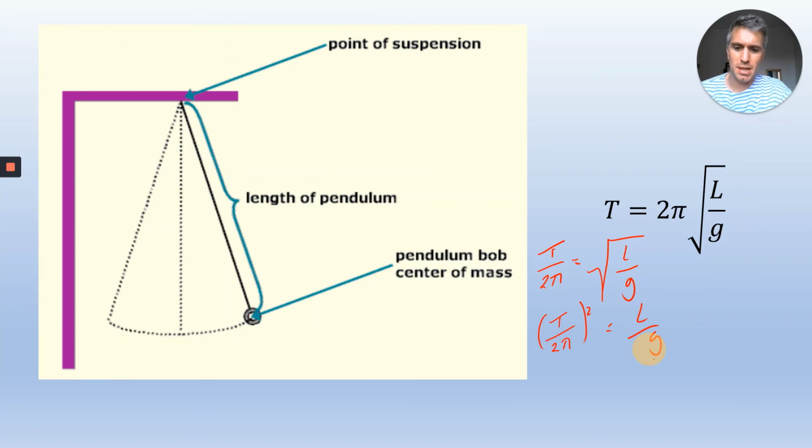We can swap the position of this G and this T over 2 pi all squared, to give us the equation we want, which is L over (T over 2 pi) all squared equals G.